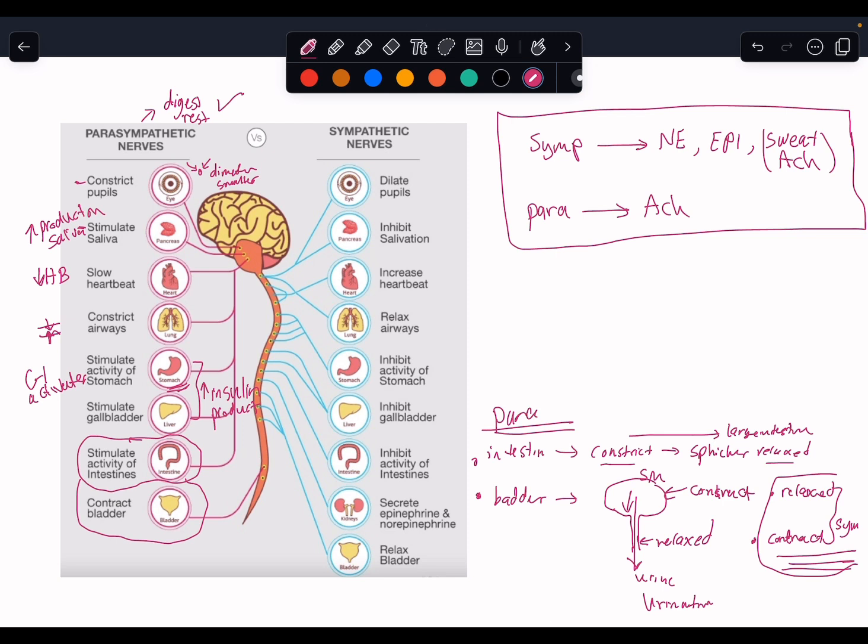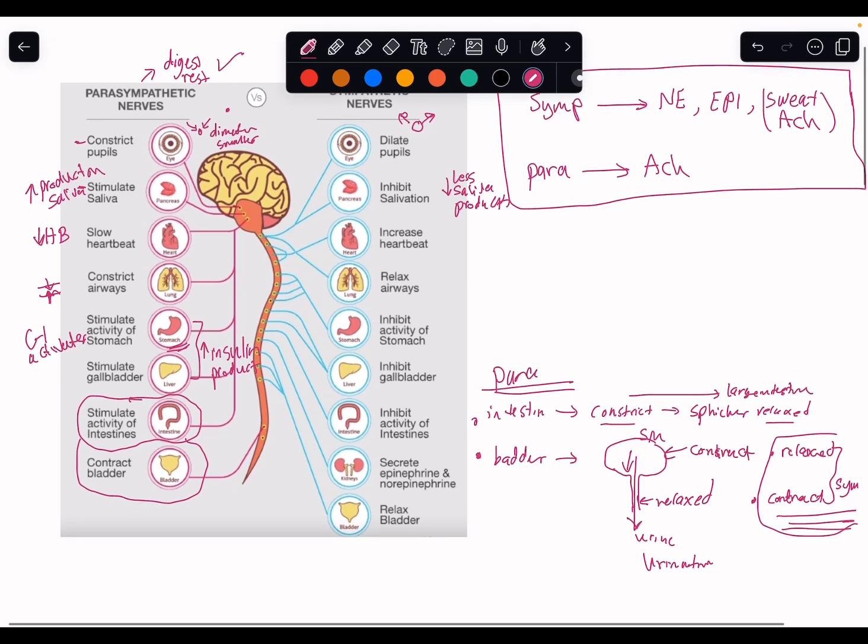So in the sympathetic, everything is opposite. Everything is opposite. So for the eye, we said the diameter will be smaller, and here it will dilate. So the pupil will dilate. So inhibition of saliva will make less saliva production or inhibit it at all.